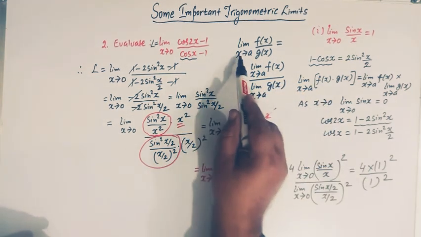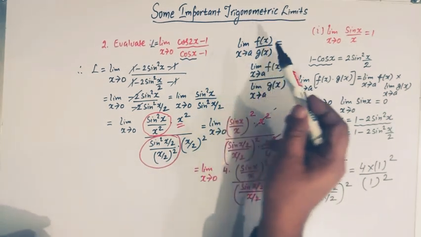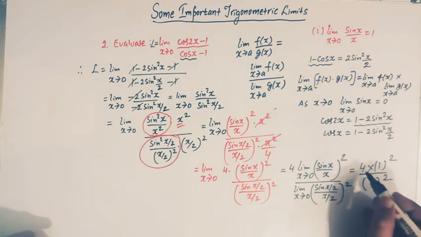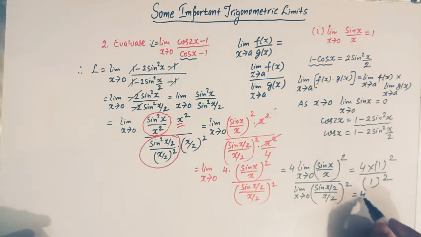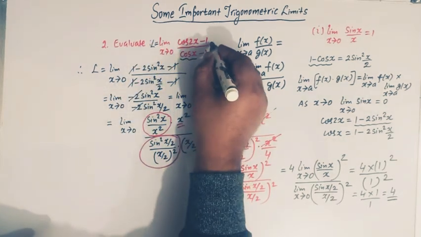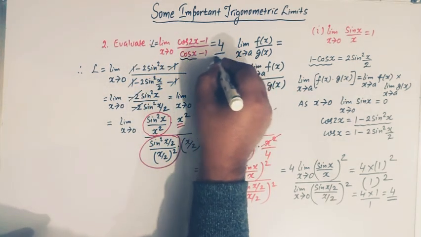It means the limit distributes over this function as well as this function. So here we have 4 times 1 divided by 1, that is 4. So the value of this limit is equal to 4.